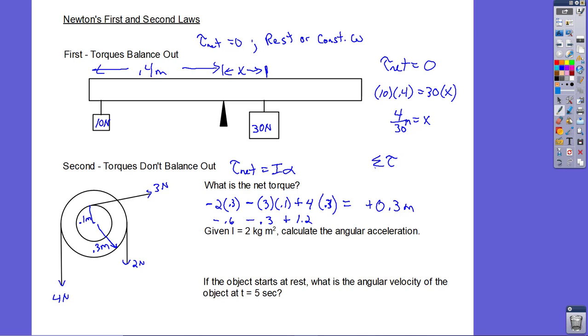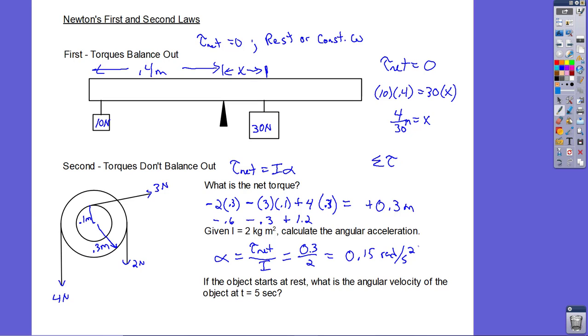So calculate the angular acceleration. That's going to be the net torque over I. So we're going to have 0.3 over 2, which would be 0.15, and angular acceleration is just going to be radians per second squared.